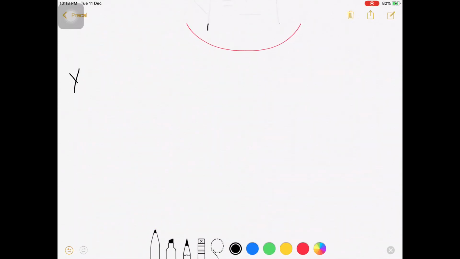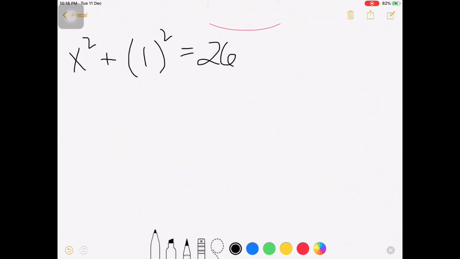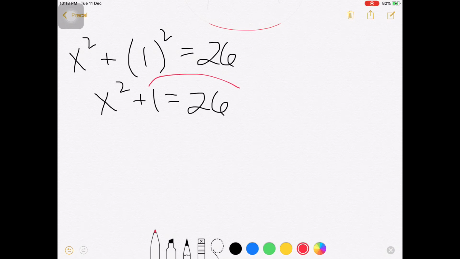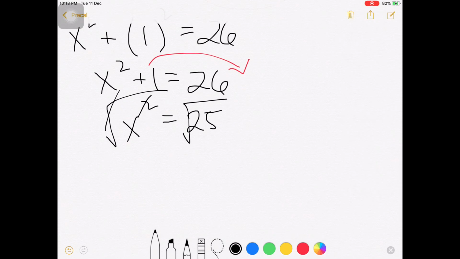So we have x squared plus 1 squared is equal to 26. 1 squared is just 1, so x squared plus 1 is equal to 26. So to isolate x squared, we have to transpose 1 to the other side. We will have x squared is equal to 26 minus 1, we will have 25. For x squared, we have to get the square root. We will have x is equal to positive or negative 5.